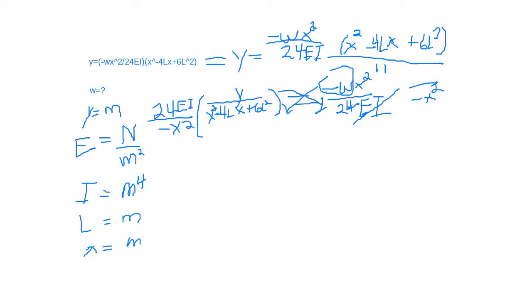We have it isolated now. W is equal to 24 EI Y, and that's all over negative x squared times x squared minus 4L x plus 6L squared.